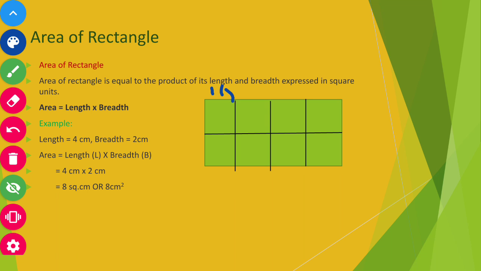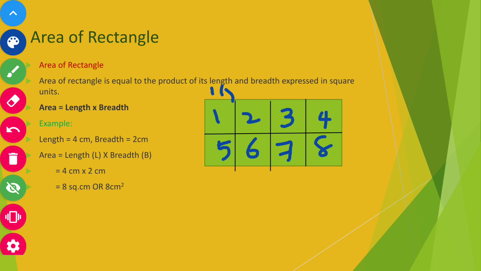Then this is the first square, second, third, fourth, fifth, sixth, 7 and 8. I covered it completely using 8 squares in this figure. So how many squares do you require to cover this rectangular shape? I need 8 squares, isn't it?